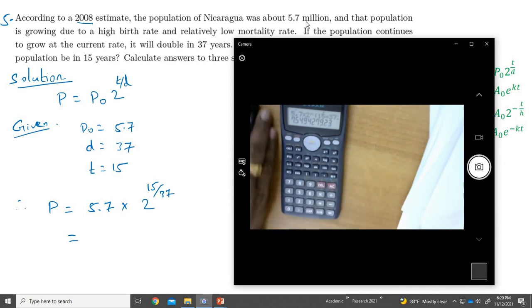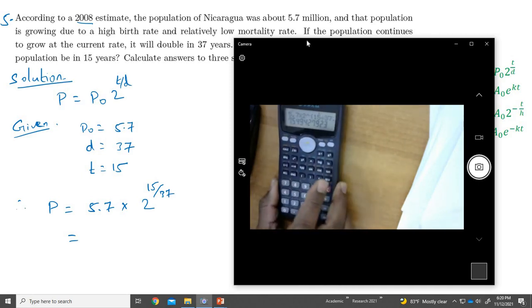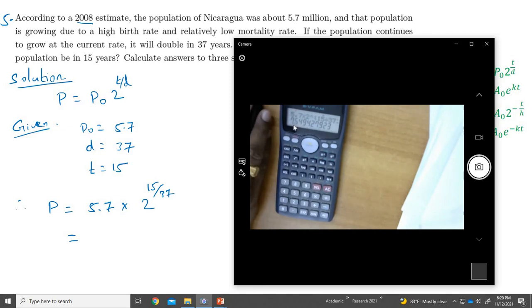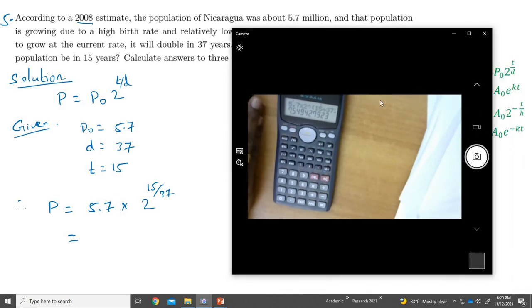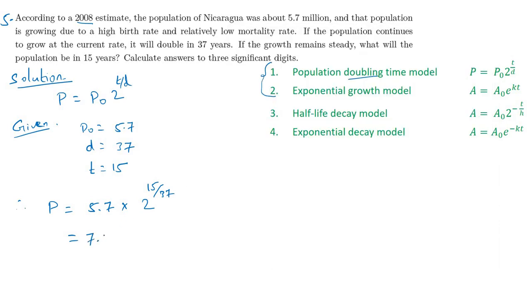It is 7.549. See, they have mentioned 3 significant digits, that means after decimal point 3 places you take. So it is 7.549 I will take. What is P? P is population. You can see here P naught is 5.7 million. So 7.549 million.